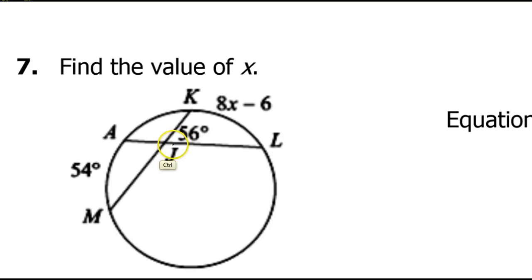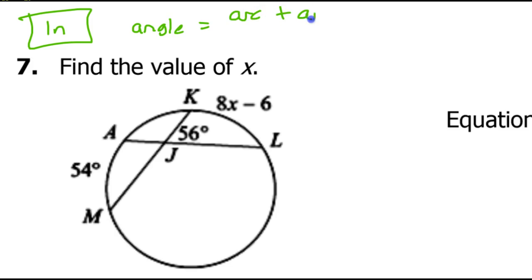All right, so we're back to being inside the circle. This is going to be an inside the circle problem, and the formula for that was that the angle is equal to arc plus arc divided by 2. In this case, they gave us the angle, which is 56.